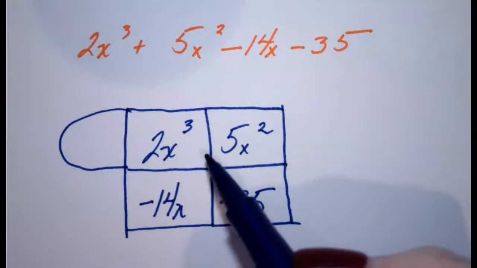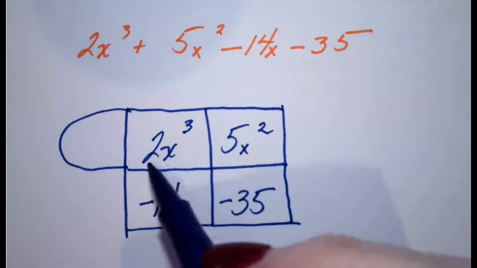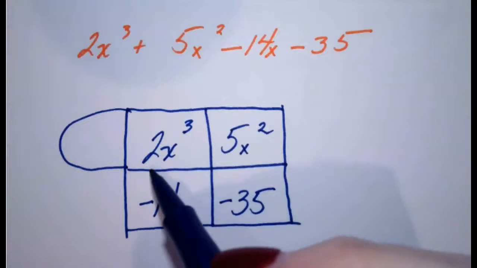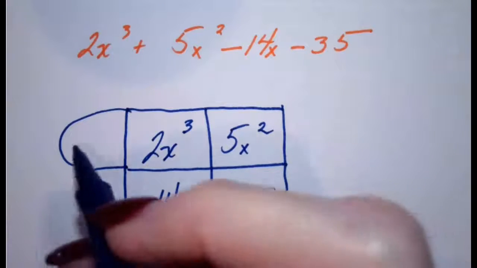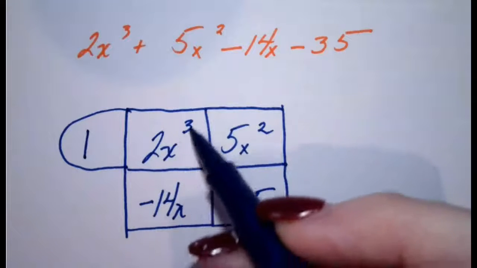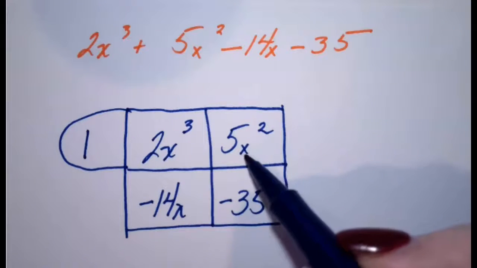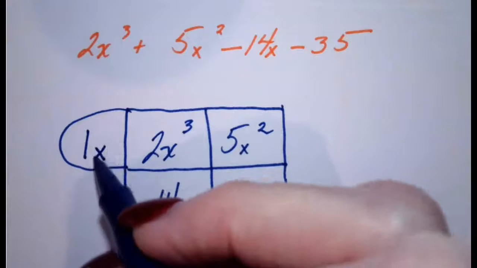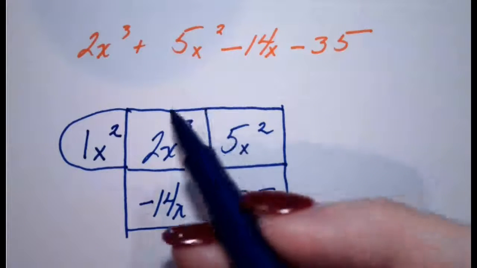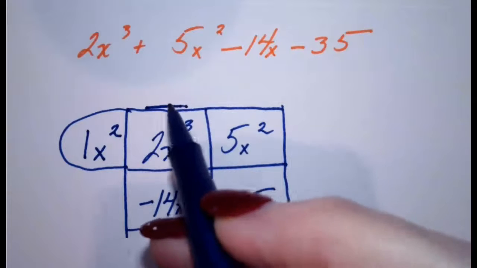Well, I need a number that will go into both 2 and 5, that you could divide into 2 and 5. Well, there's nothing. 2 and 5 are not common at all, so the only number I have is 1, right? I have 3 x's, I have 2 x's, I can only take out 2, that's the maximum I can take out. And now I'm looking right here.